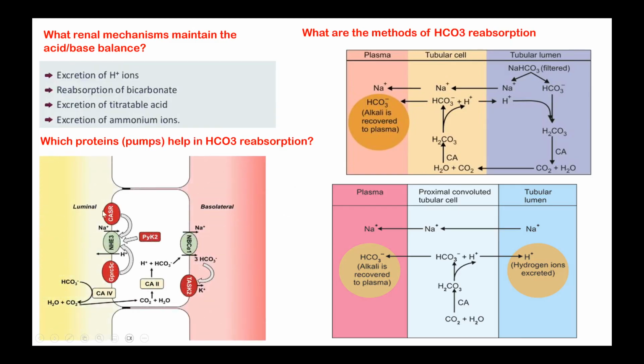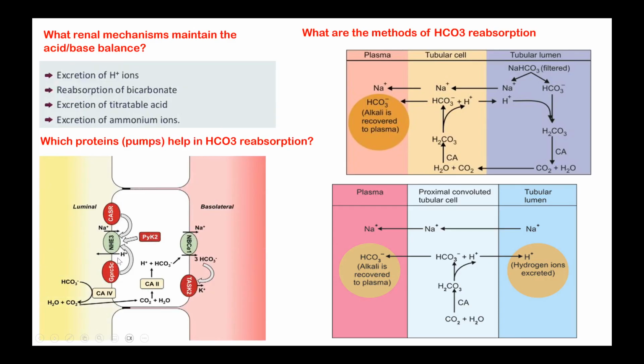So here you have the pump which helps in the exchange of sodium. See, from the luminal fluid, sodium is taken back, hydrogen is pushed into that. So this is an exchange going on between the sodium and hydrogen. This is called the sodium hydrogen exchanger class 3 pump, or the family of 3 pump.